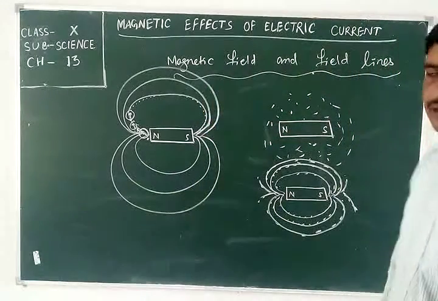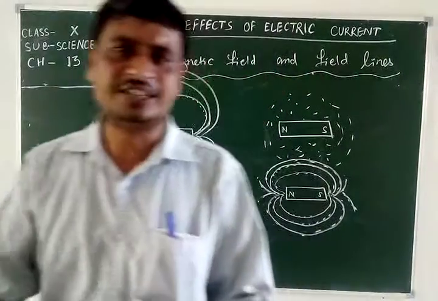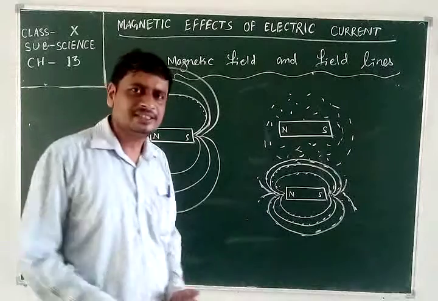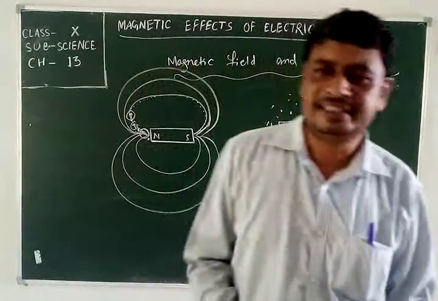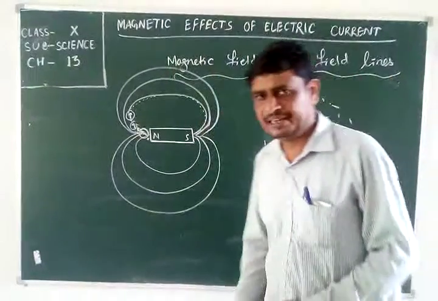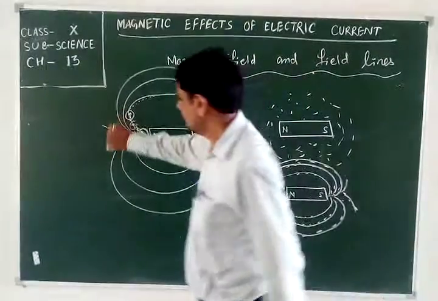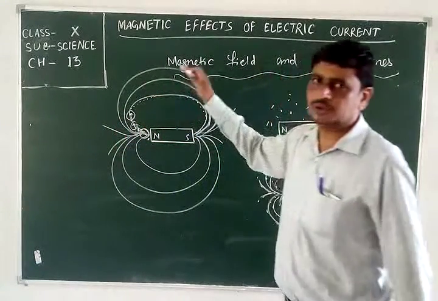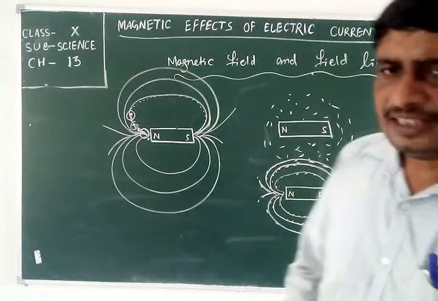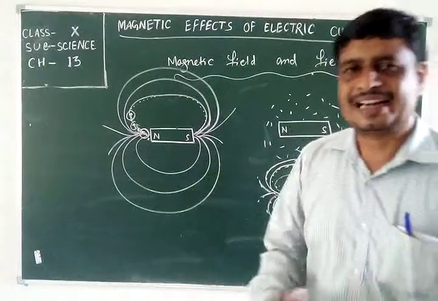And it is observed that field lines never intersect each other. How many field lines will be obtained around this magnet? They will never intersect each other. And the field lines are crowded near the poles as compared to the middle region. The strength of a magnet depends upon the number of crowded field lines.